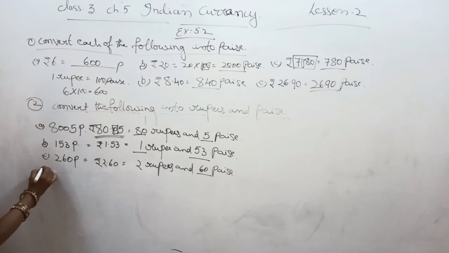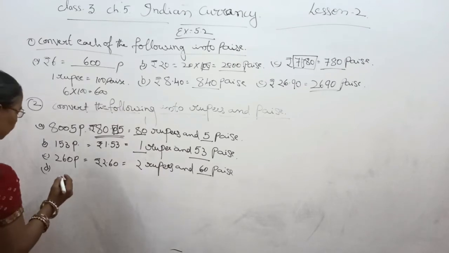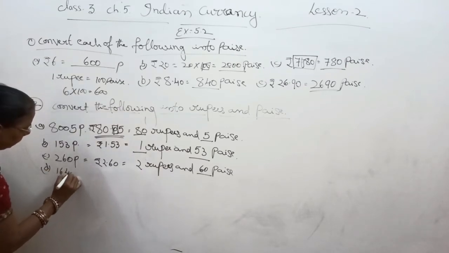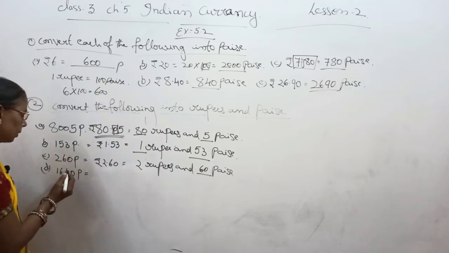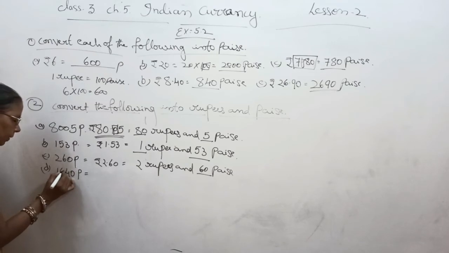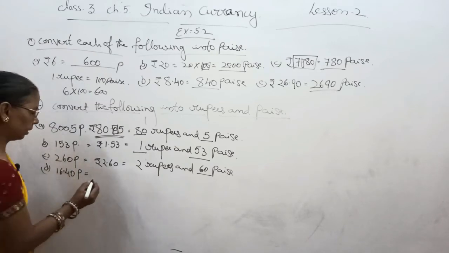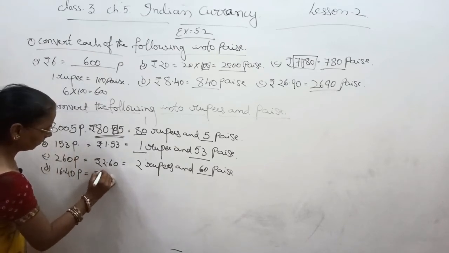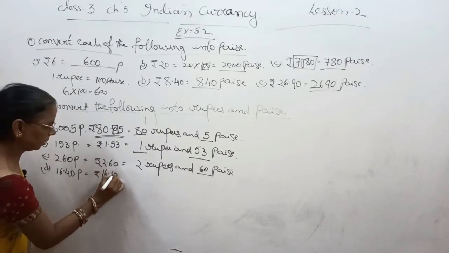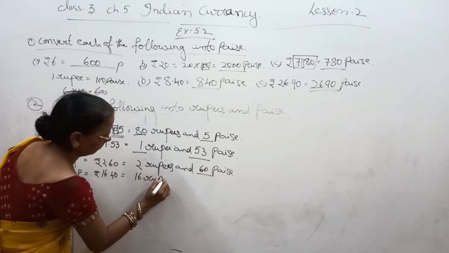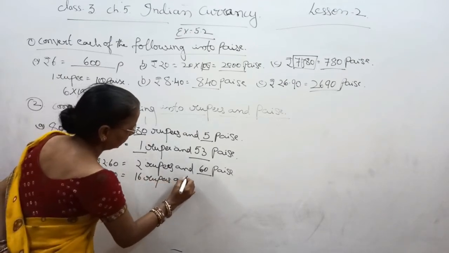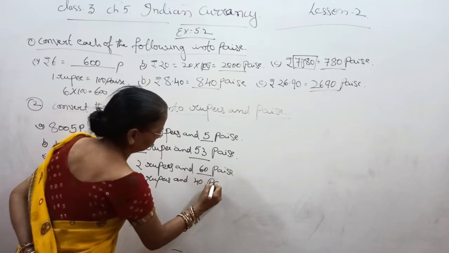Then the fourth one, 1,640 paise. In the same way, after the ones and tens we have to put a point. It comes as rupees 16.40. It gives 16 rupees and 40 paise.